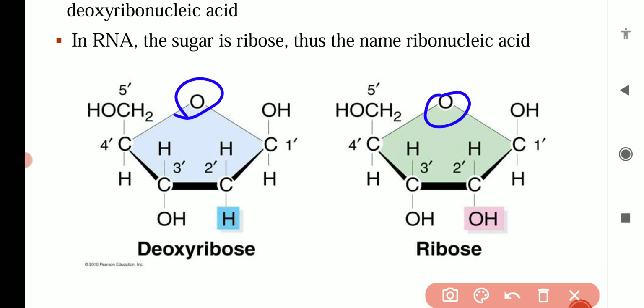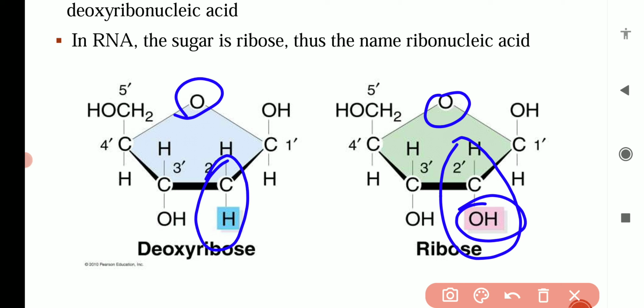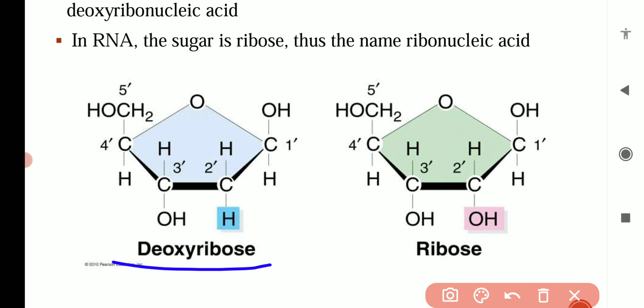But at carbon number 2, here an OH group is present, and in case of deoxyribose, at carbon number 2, the oxygen has been removed. So that's why it is named deoxyribose, or 2-deoxyribose sugar.